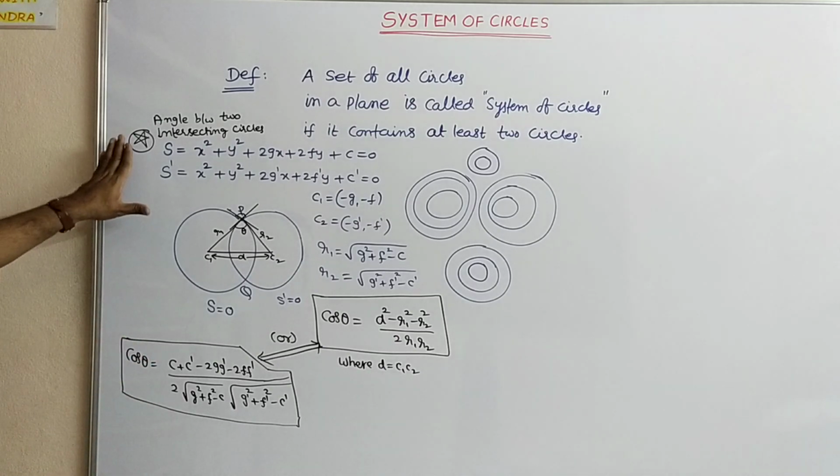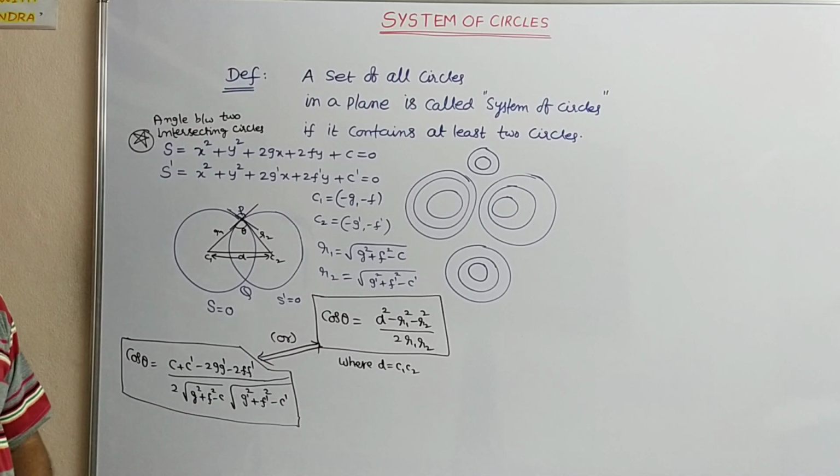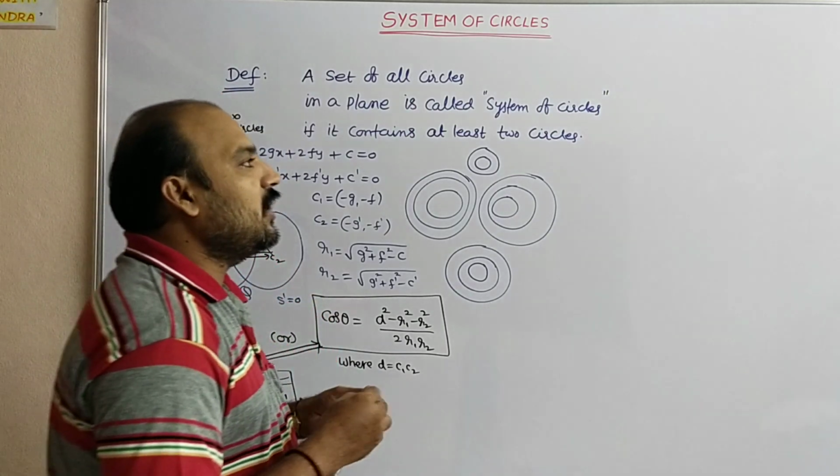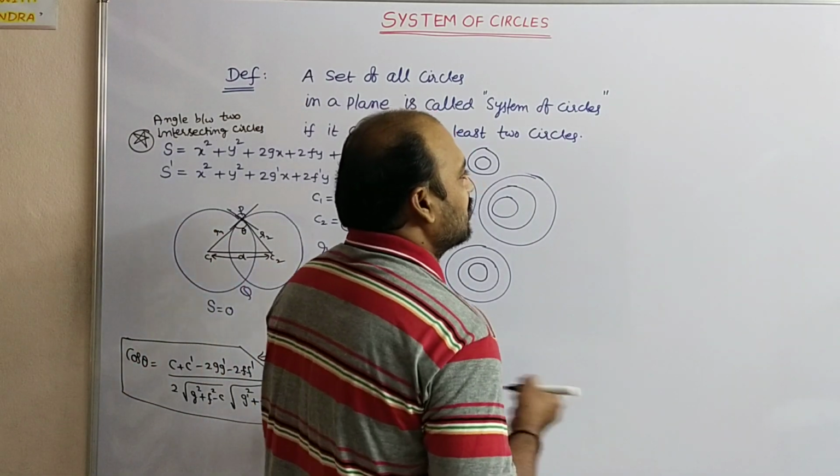After knowing the angle between intersecting circles, we need to learn the orthogonality property. What is meant by orthogonality of two circles?